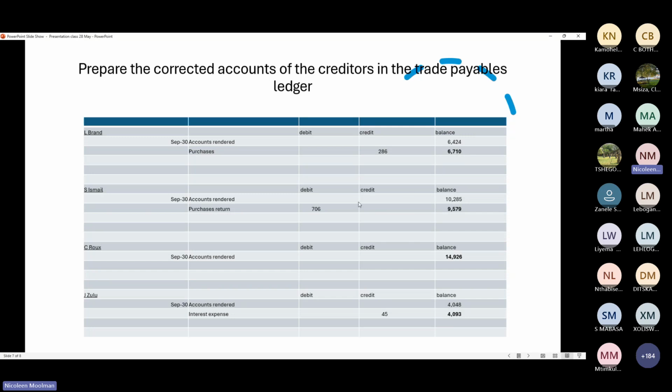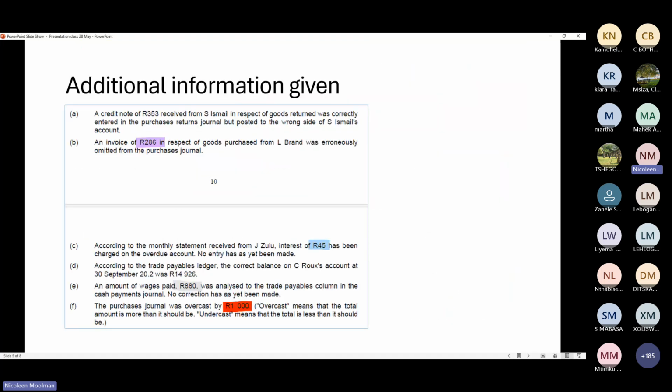Okay? As for S. Ishmael, they've given us this balance of 10285 on the listing, but in the additional information given they said there was a credit note of 353 issued to S. Ishmael for the return of goods.